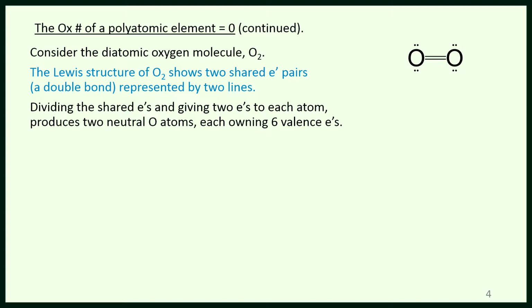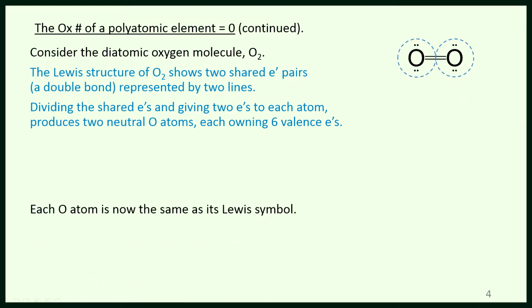Again, if we divide the shared electrons, giving each oxygen atom 2 electrons, we will produce 2 neutral oxygen atoms, each owning 6 valence electrons, like this. Count them with me: 2, 4, 5, and 6 electrons for the oxygen atom on the left, and again 6 electrons for the oxygen on the right.